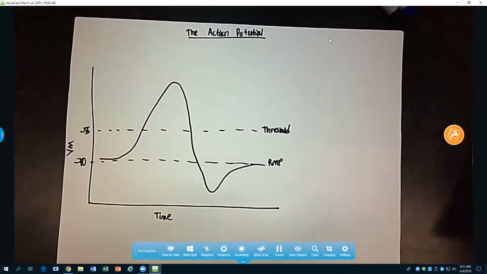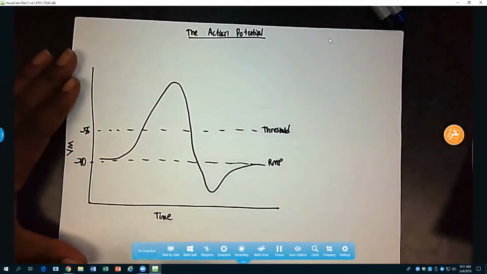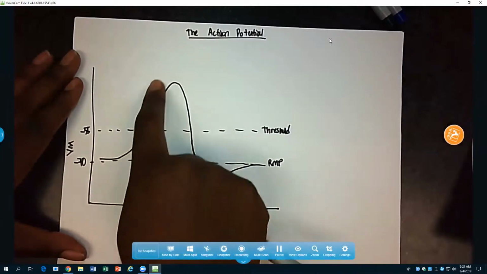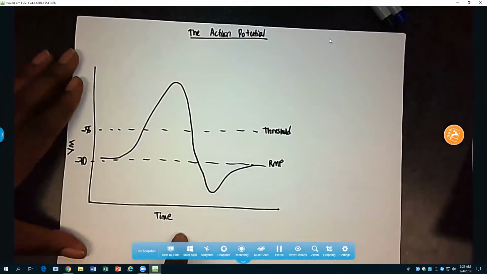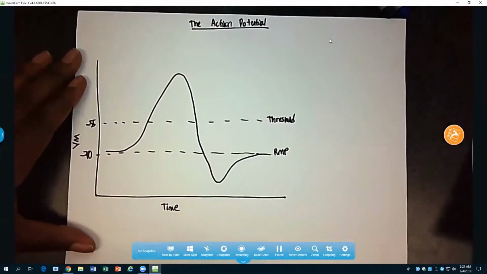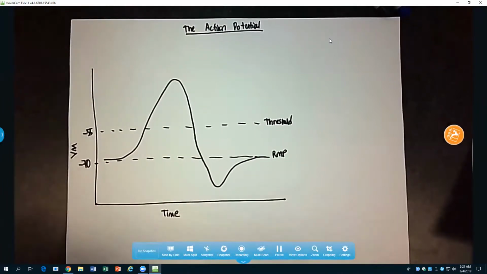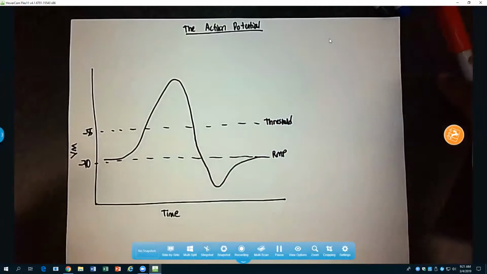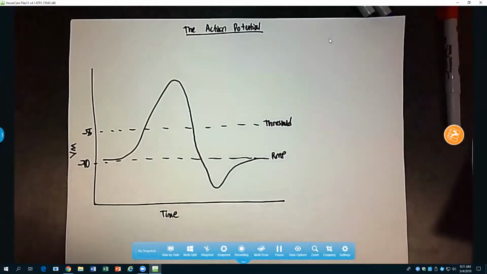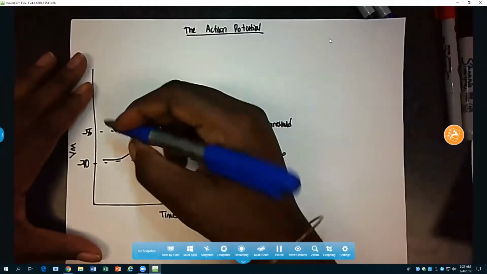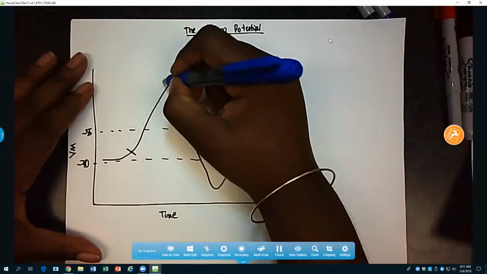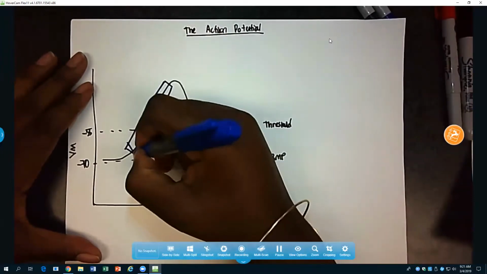And just to be clear here, this is a representation of the change in the membrane potential over time with regards to the events of an action potential. So there are 3 general regions, or 3 general areas, of the action potential here.